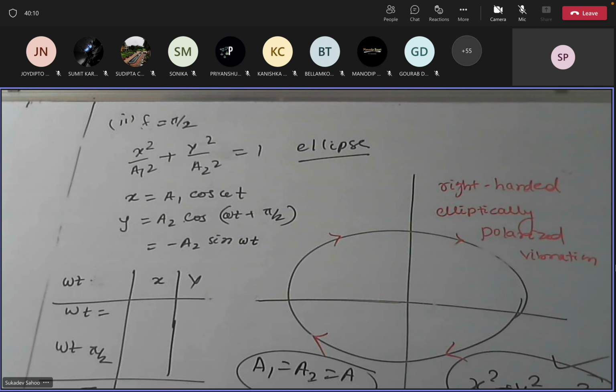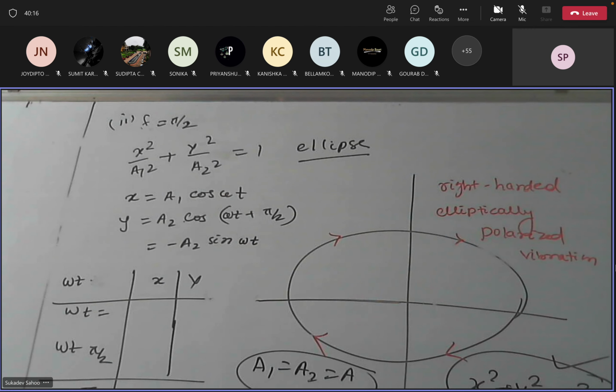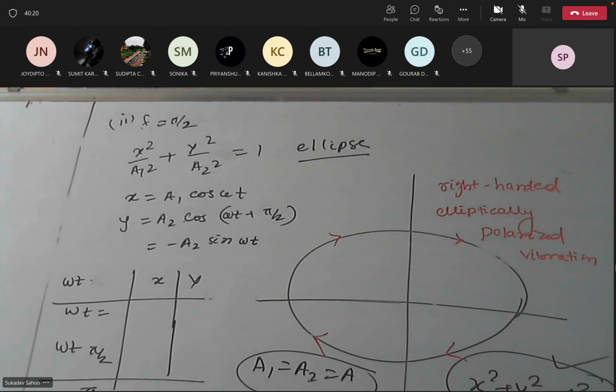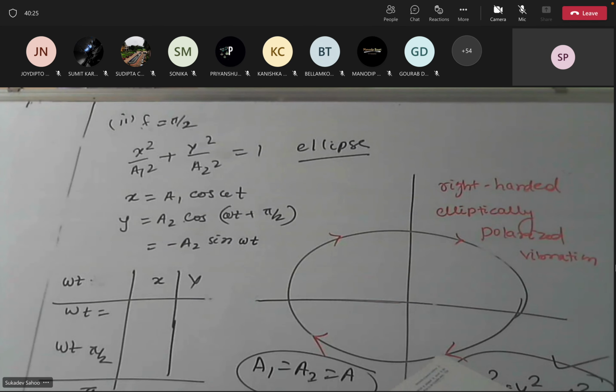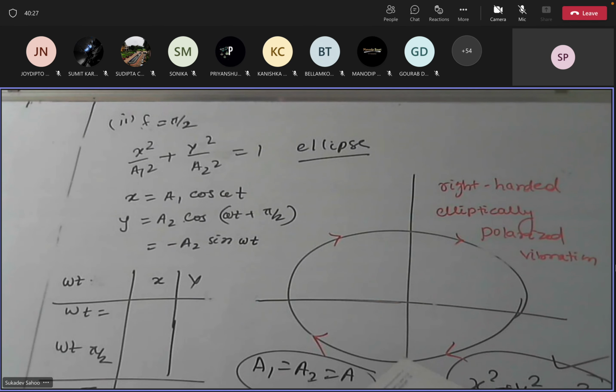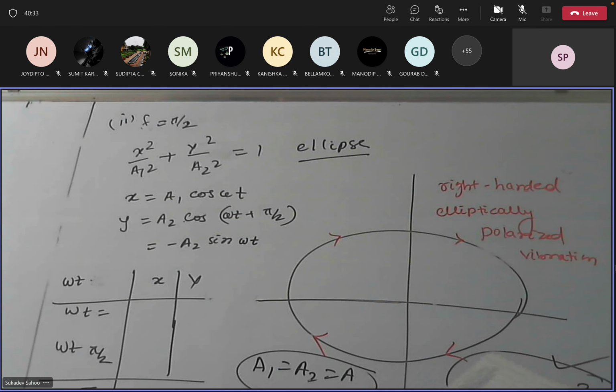Two perpendicular harmonic oscillations having equal amplitudes and equal frequencies, but with phases differing by pi by 2, are equivalent to a uniform circular motion.